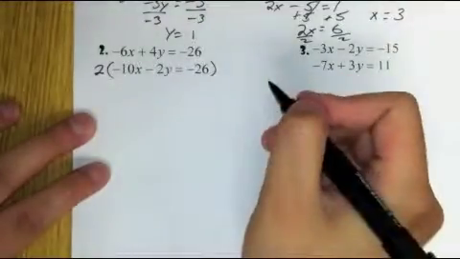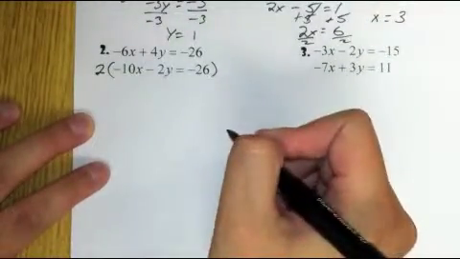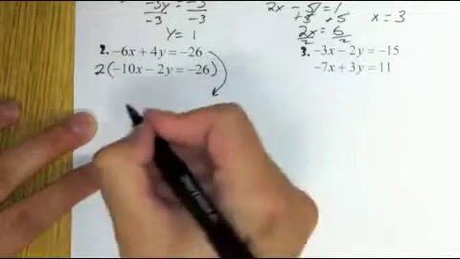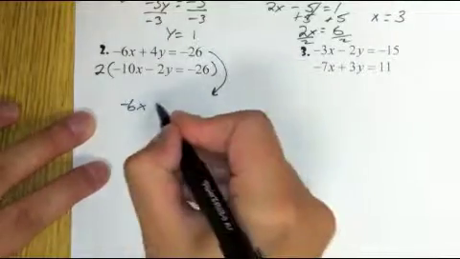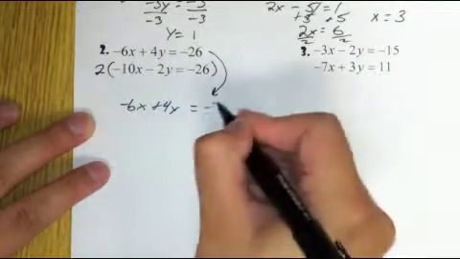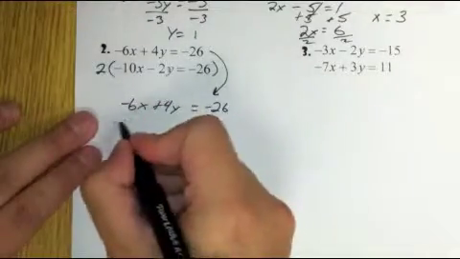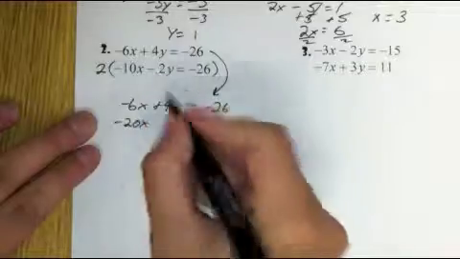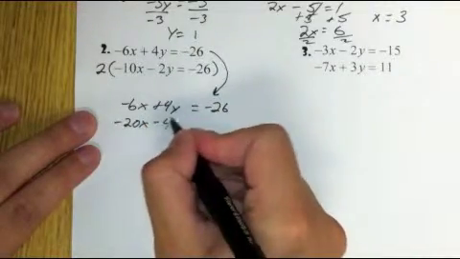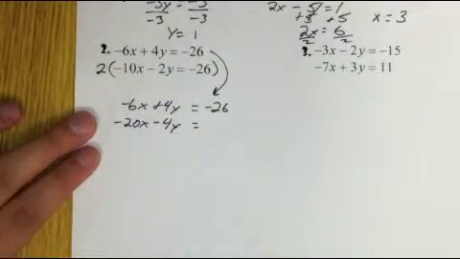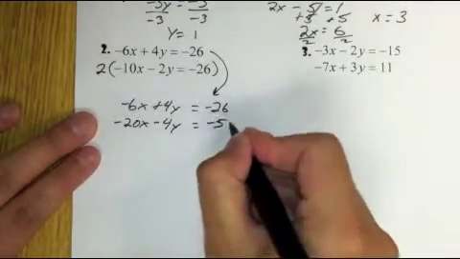Okay. Is this top equation going to change? No, I'm just going to bring it down here. Okay, so I'm going to put negative 6x plus 4y equals negative 26. Now let's change this one. That'll become negative 20x. That'll become negative 4y. And that'll become negative 52.